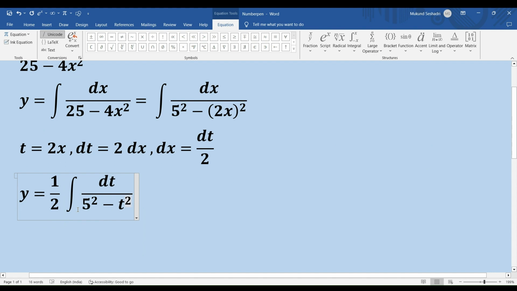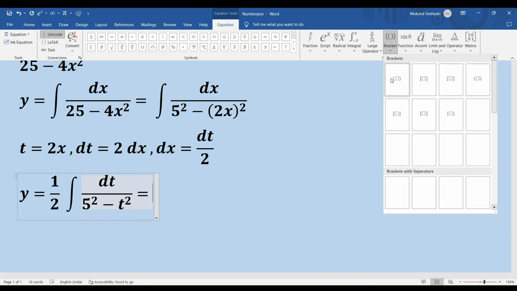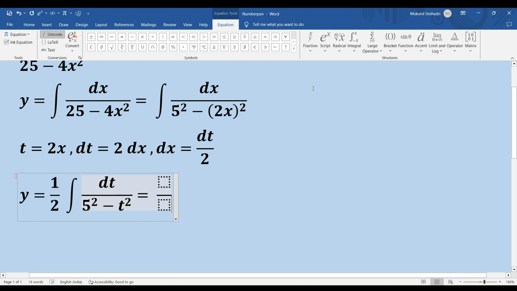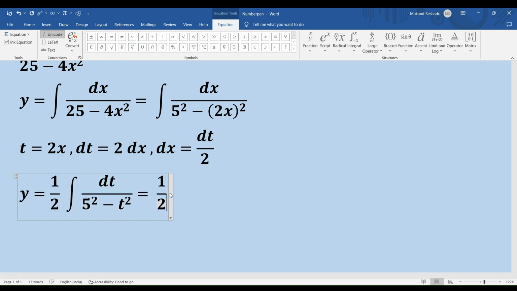Now I know that my denominator in this expression is of the format a square minus b square, which means I can rewrite this as a minus b into a plus b, and then use partial fractions to resolve this, right? So I'm going to retain my half, and I have my integral sign.